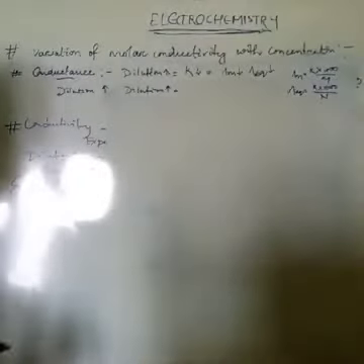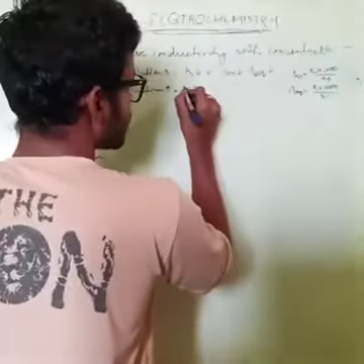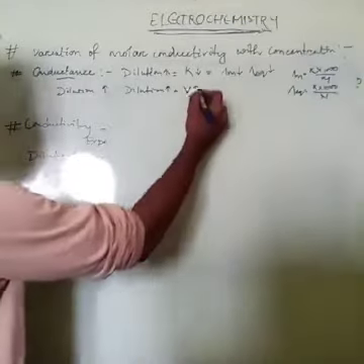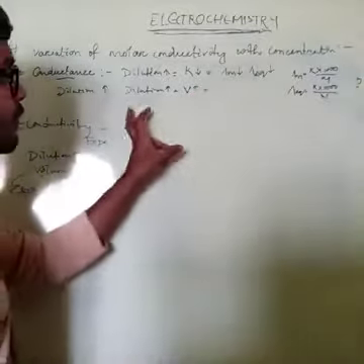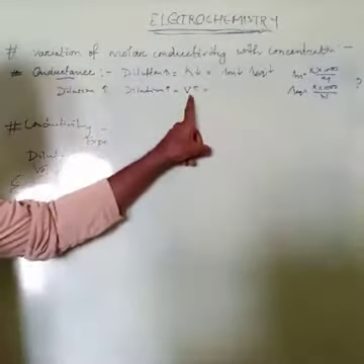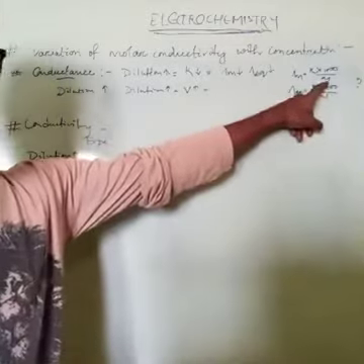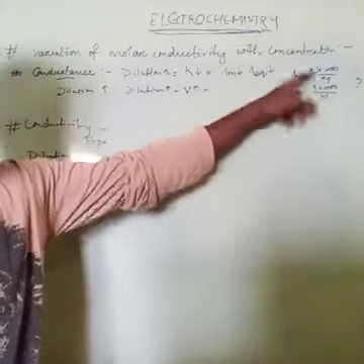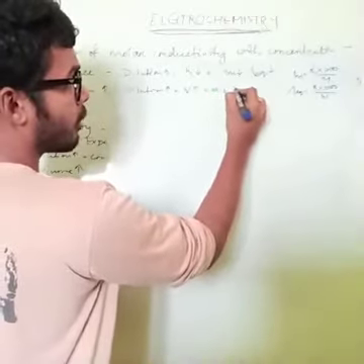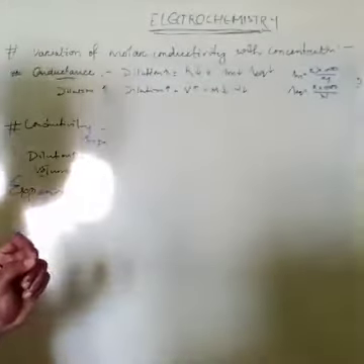So on dilution, what happens? The volume increases. If dilution increases, volume increases, which means the concentration, normality and molarity, what happens to these? Molarity will decrease, normality will decrease. Yes or no?